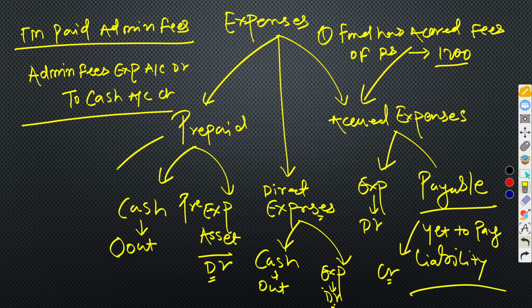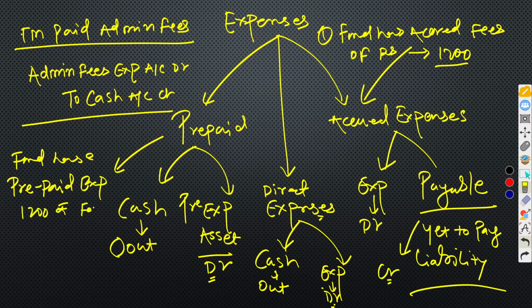Also, one more example so that you can practice: let's say a fund has received prepaid expenses of 1200 rupees for GMT fund A. So now you know the expenses. Try to prepare accounting entries and post your answer in the comment section.